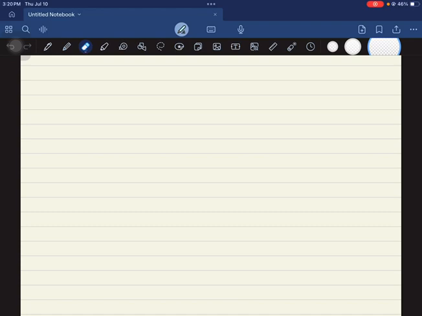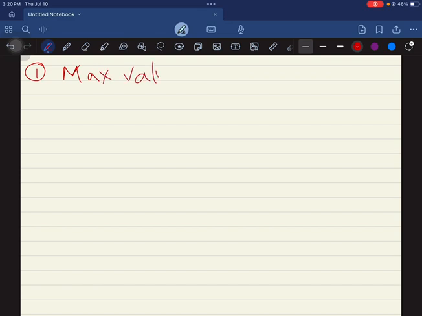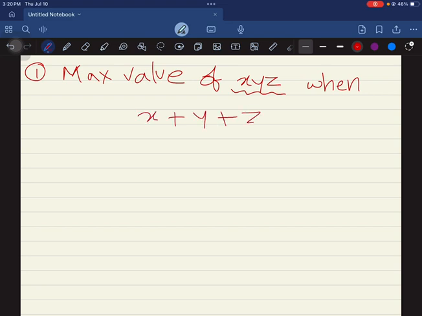So I will take an example. The example that I will pick is number one. Find the maximum value of xyz when x plus y plus z is equal to 15.